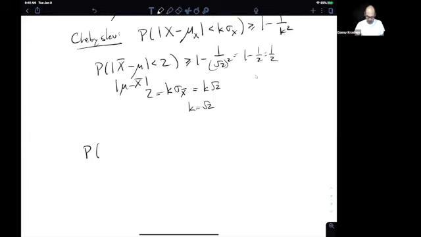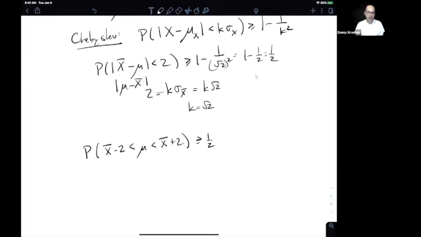And so really what I could say as well is that the probability that x bar minus 2 is less than or equal to mu is less than x bar plus 2 is at least a half.